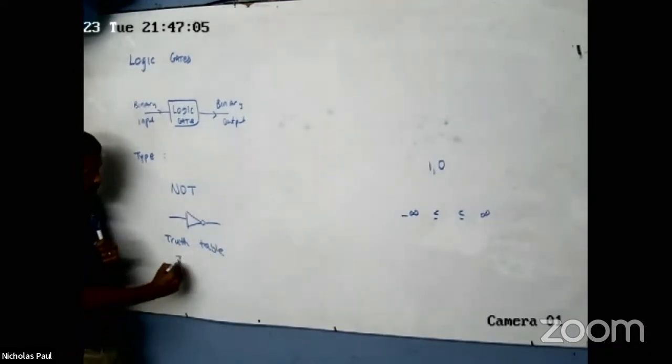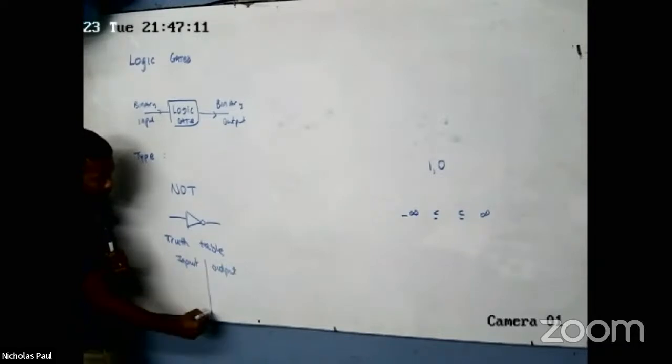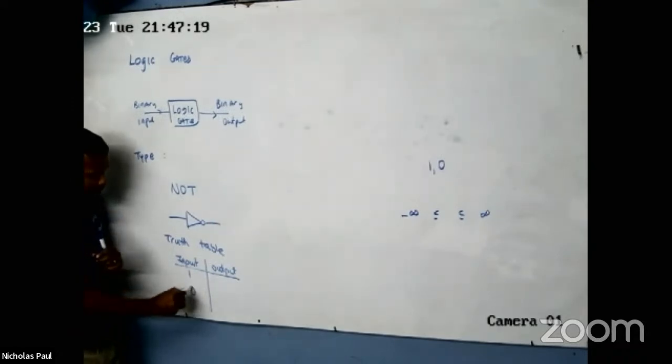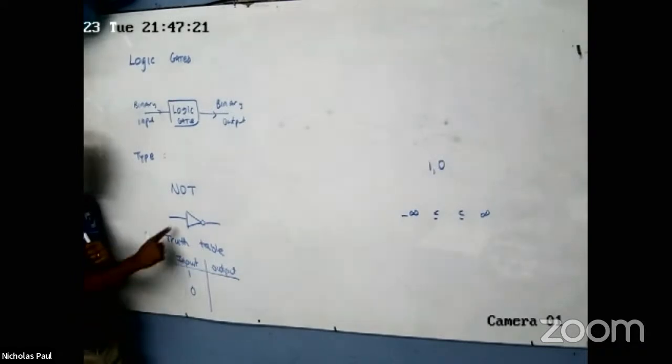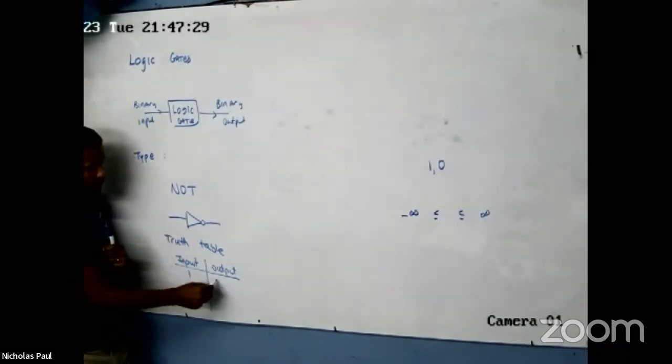So you have input and you have output. How many different inputs do you have? It is binary, so 2. You have a 1 or you have a 0. When a 1 comes in here, it will give you the answer.